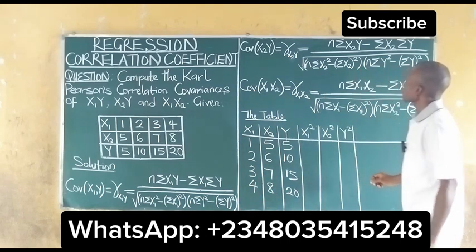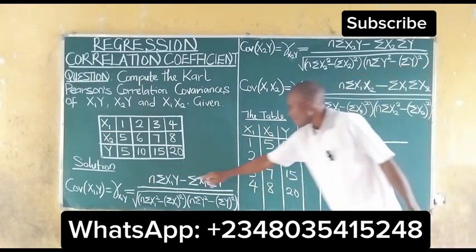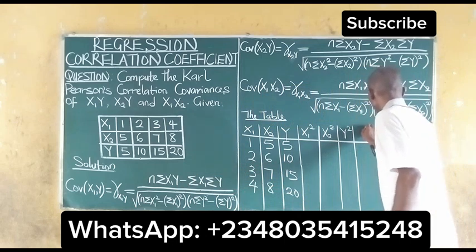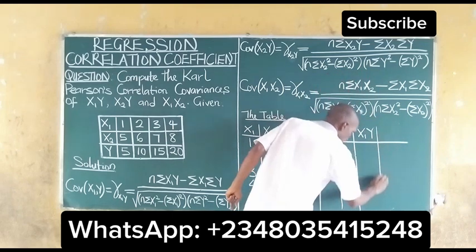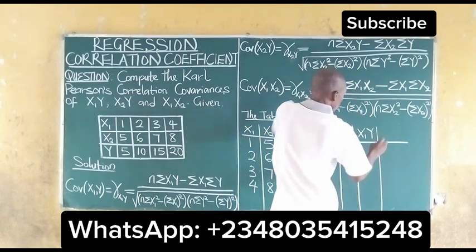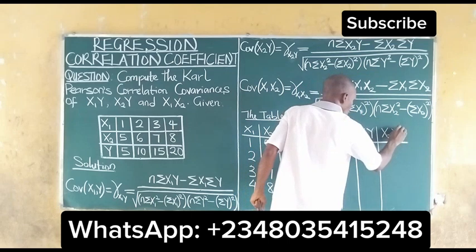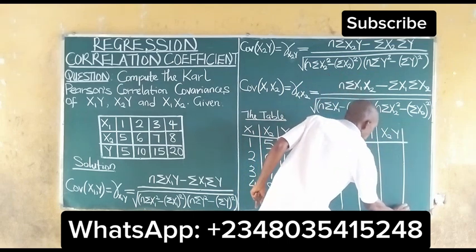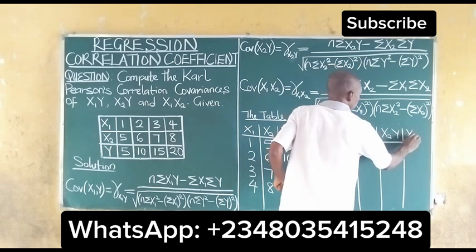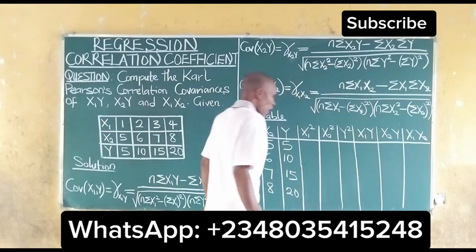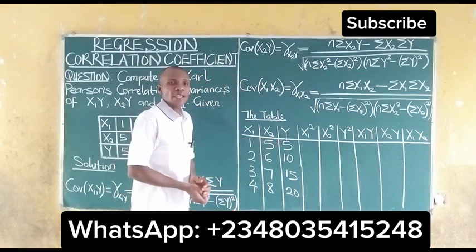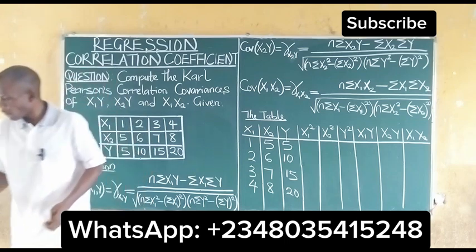We also have x1y, x2y, and x1x2. So we look out for all of these to get the totals.